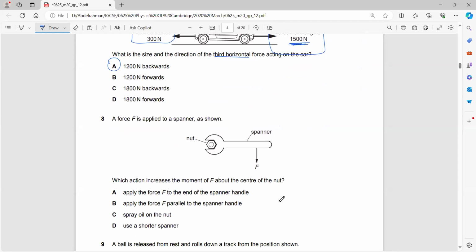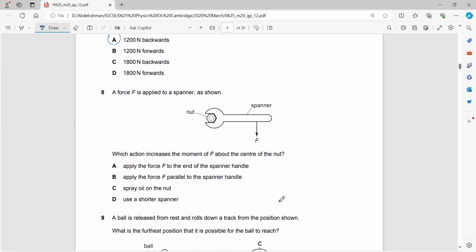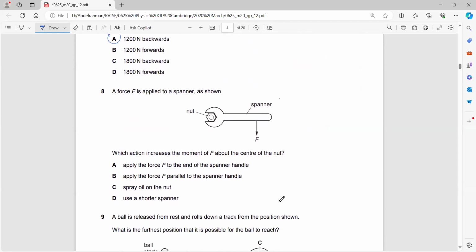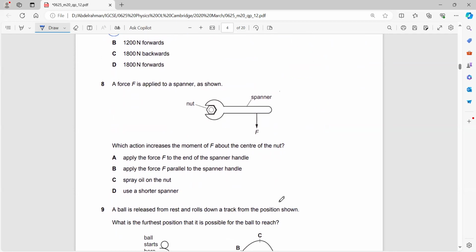Okay, question 8. A force F is applied to a spanner, as shown. Which action increases the moment of F about the center of the pivot? How can I increase the moment of F? Moment equals force times perpendicular distance.